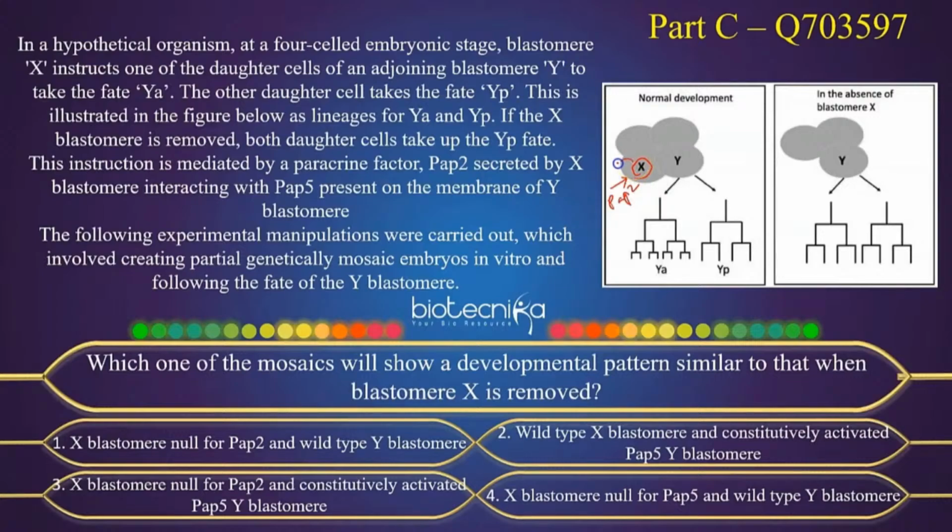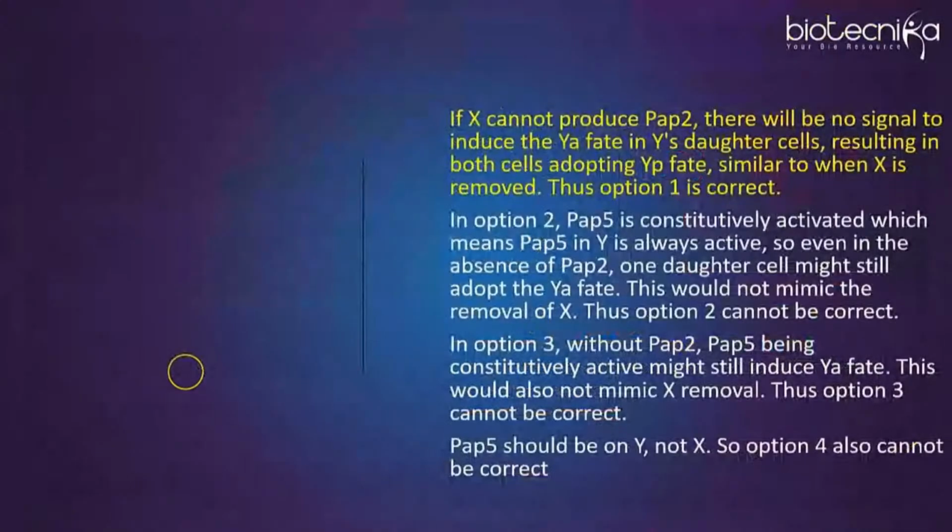So as long as PAP2 is there in X, it will be able to give the signal to Y because Y is wild type over here, and Y will be able to generate YA with the signal from PAP2. So that's why here also it will generate YA and YP, which is again not similar to this because this is YP and YP. So option 1 is the right answer.